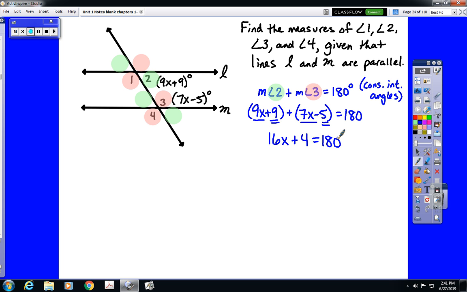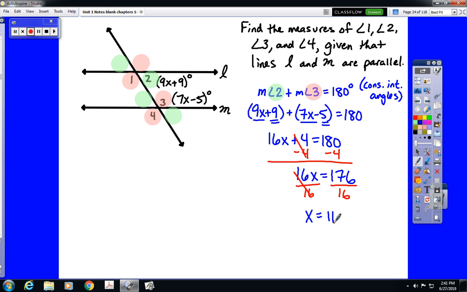From here, it is a two-step equation. We would subtract 4 from each side, which would give us that 16x equals 176. And then we would divide by 16, which would give us that x is 11.